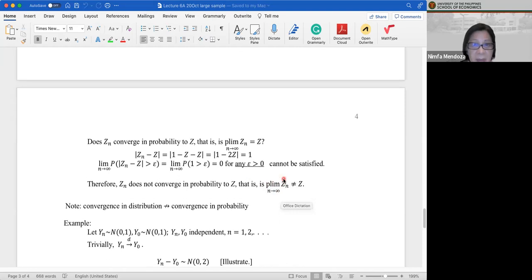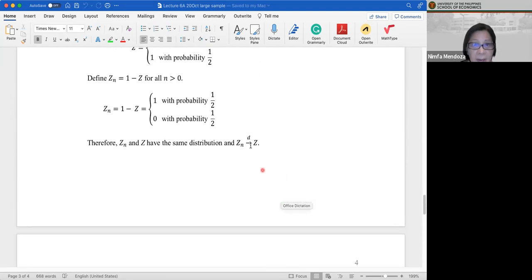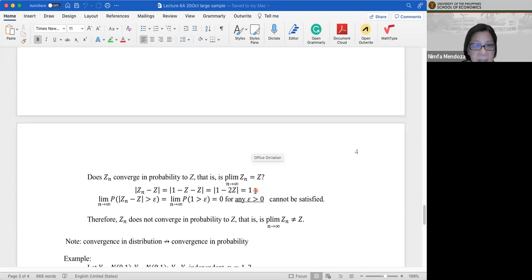So we know this Z sub n as defined here converges in distribution to Z. Now, let us see whether it converges in probability to Z. So we want to check whether the p-lim of Z sub n is equal to Z as n approaches infinity.